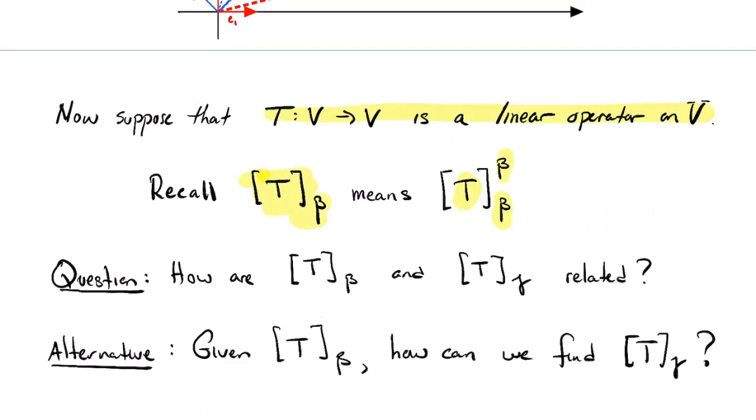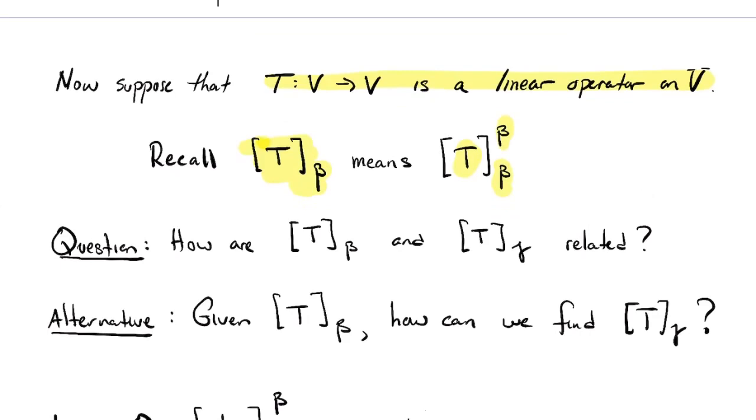And so kind of a mirror question, right? I just want to ask like, well, how are these two matrices related? The matrices of T in the beta and the gamma basis. Or if you like, a little bit more precise question, if I had the matrix in the beta basis, how could I convert it into the matrix in the gamma basis, right? So I'm trying to change coordinates from one basis to another.